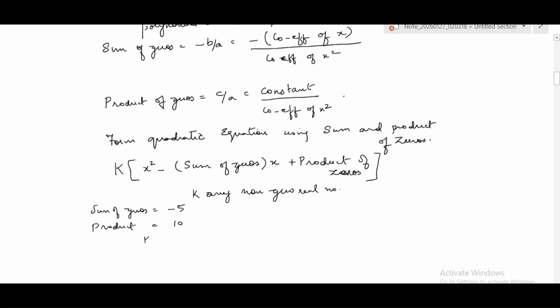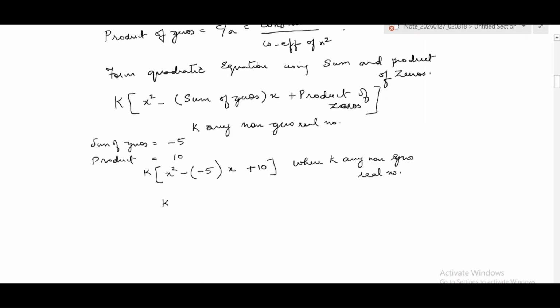So k into x squared minus of minus 5, x plus product will be 10, where k is any non-zero real number, because if k becomes 0, the whole thing will become 0. So now the equation will be k into x squared plus 5x plus 10.